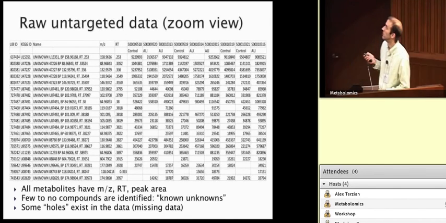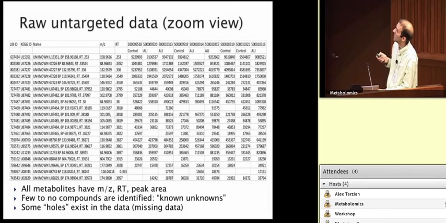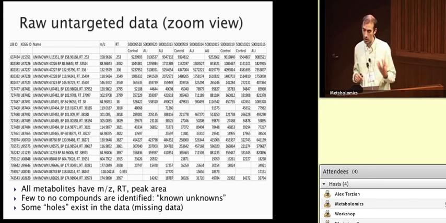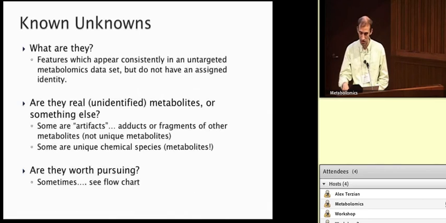This is a zoom view of the raw untargeted data. All of the metabolites have a mass to charge, they have a retention time, and they have a peak area for all of the different samples that were analyzed. There are some holes in the data. You see some missing data here, points that are not filled in with a number because that metabolite was, for whatever reason, not detected in that sample. We need a computational method that's comfortable with dealing with those things.